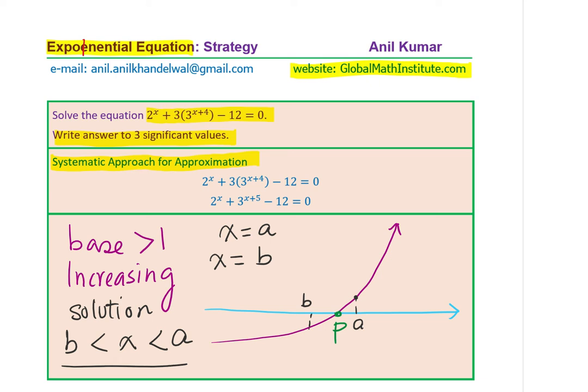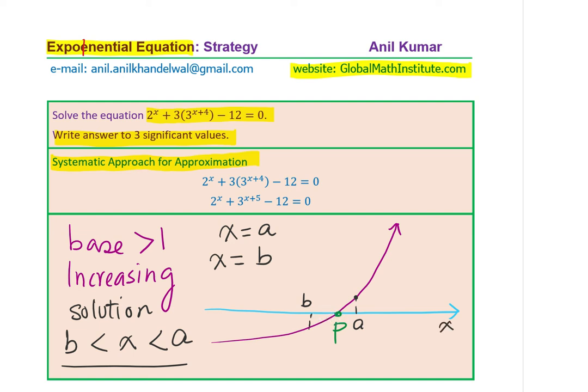Correct. So the idea here is once we get one value as positive and another value as negative, in between there has to be a zero, since the function is always increasing, right? So there has to be one point where it is going to cross the x-axis, and that is the point we're looking for.